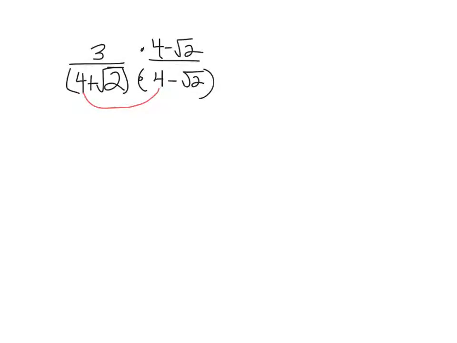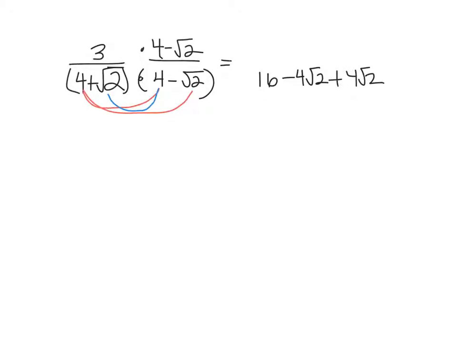So 4 times 4 gives you 16. 4 times negative square root of 2 gives you minus 4 root 2. Radical 2 times positive 4 gives you plus 4 root 2.